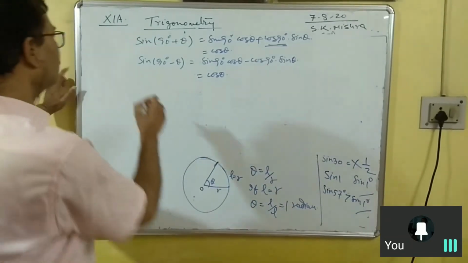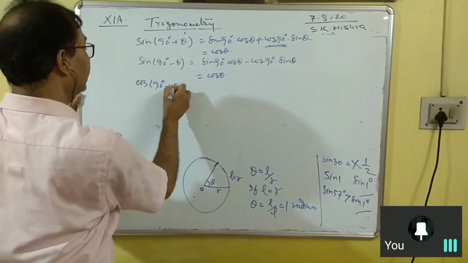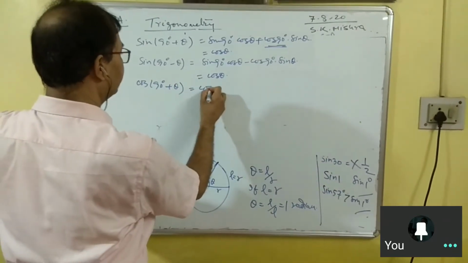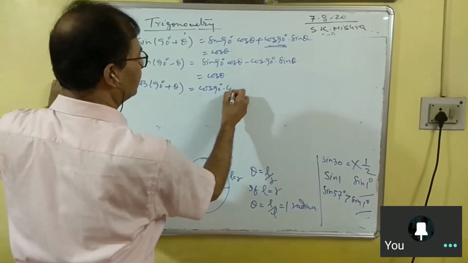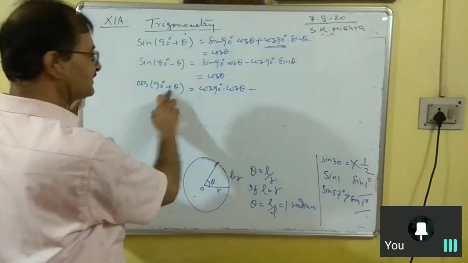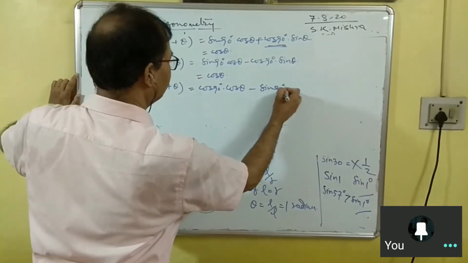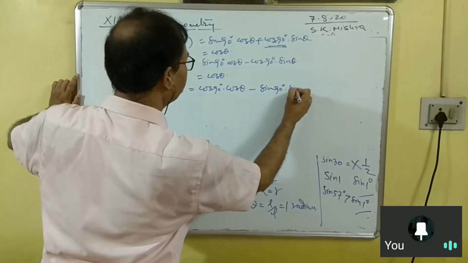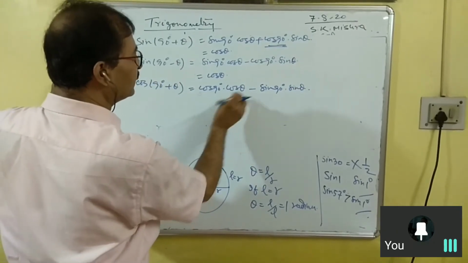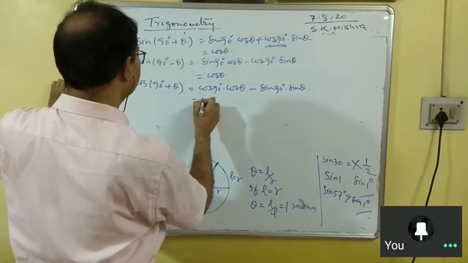But what about cos 90 plus theta? Now remember cos A plus B: cos A cos B, if it is plus, it will be minus sin A sin B. Now cos 90 degree is 0, this part is 0. So minus sin 90, minus sin theta. So this is minus sin theta.